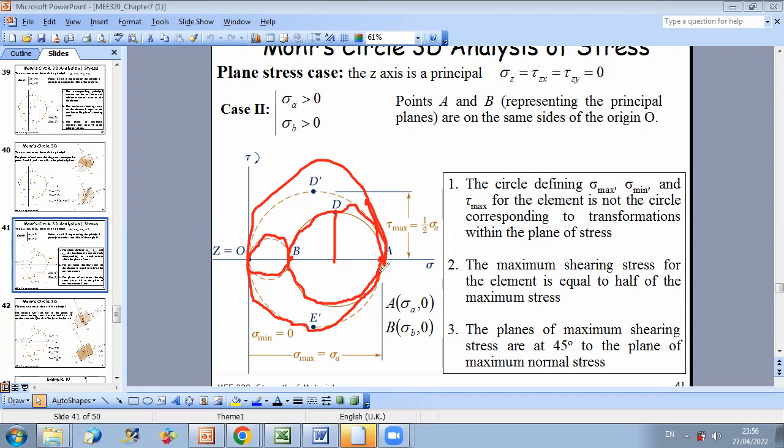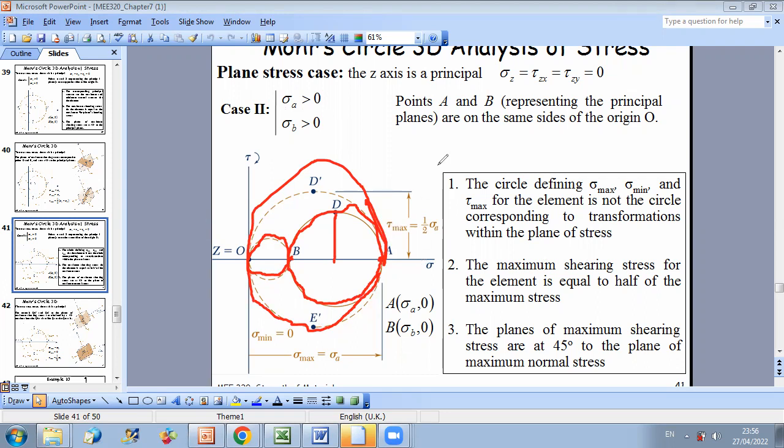So when points A and B are on the same side of the origin, the circle defining sigma maximum, sigma minimum, and tau max for the element will not be the circle corresponding to transformation within the plane of stress. The maximum shearing stress for the element would then correspond to the radius of circle AO.